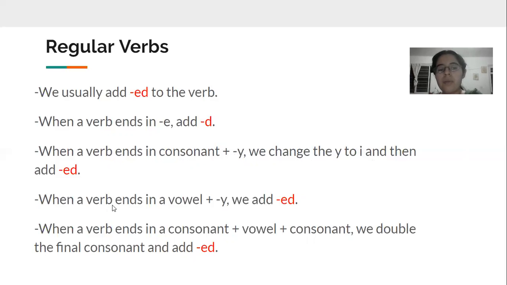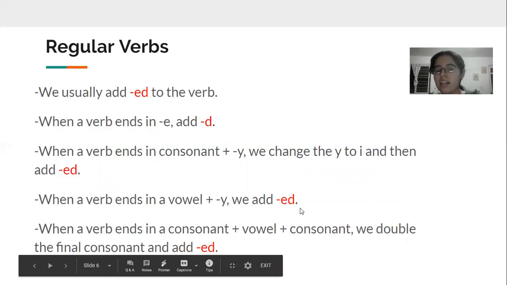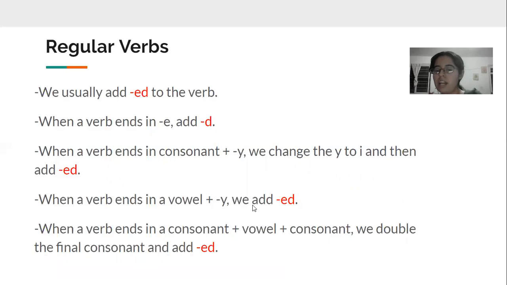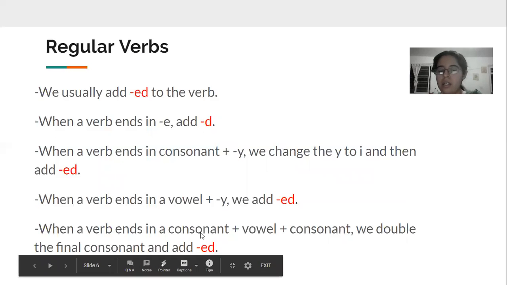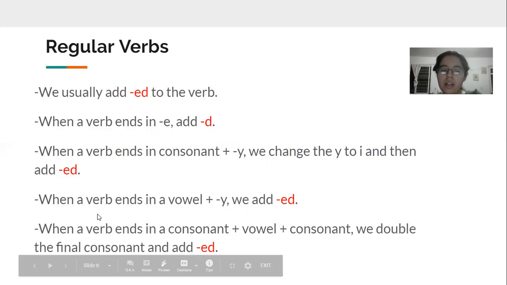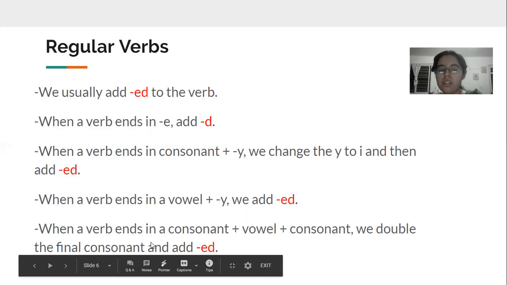Then when a verb ends in a vowel like A, E, I, O, U, and then a Y, we just add ed. Like the Y stays the same, we just add ed. And finally, when a verb ends in a consonant, vowel, consonant, CVC, we double, like 2 times, the final consonant and add ed.